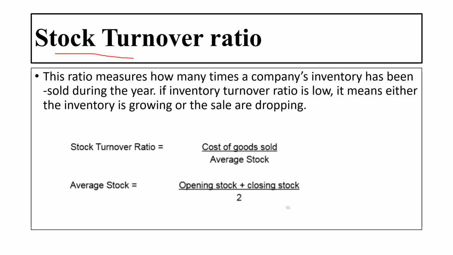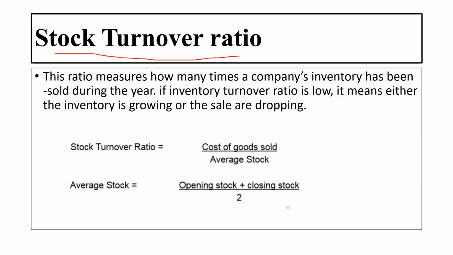Then is the stock turnover ratio. This ratio measures how many times a company's inventory has been sold during the year. If the inventory turnover ratio is low, it means either the inventory is growing or the sales are dropping, the sale is going down.